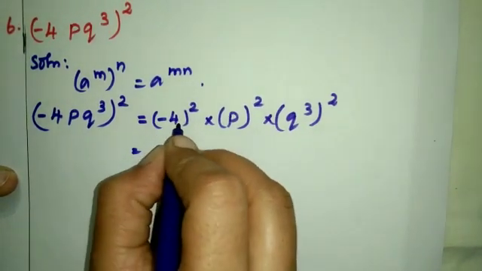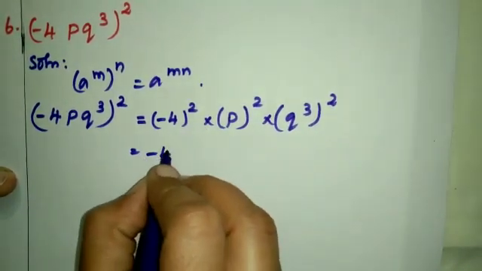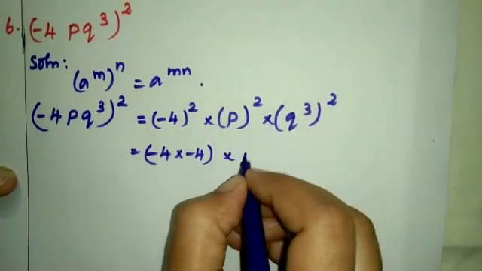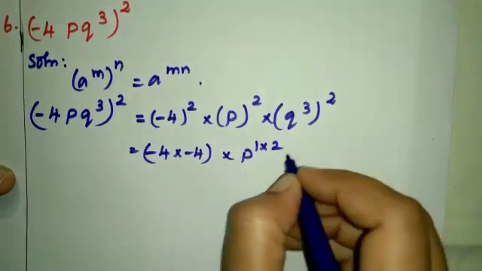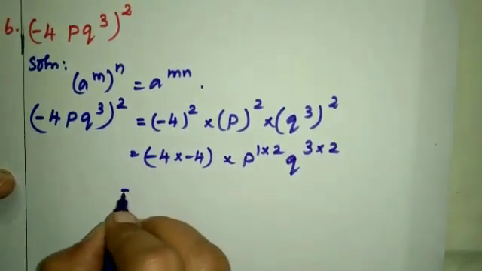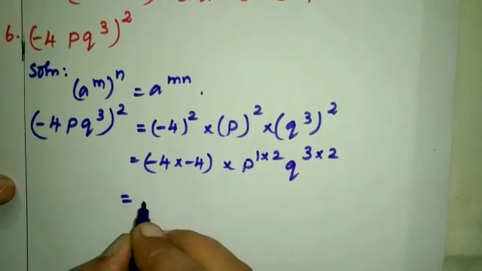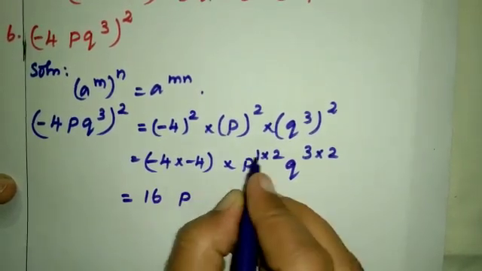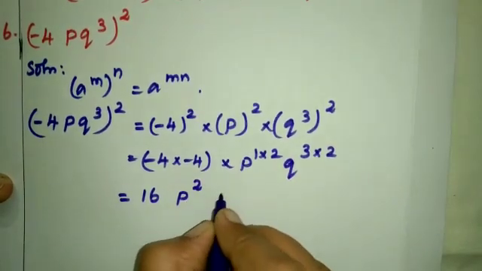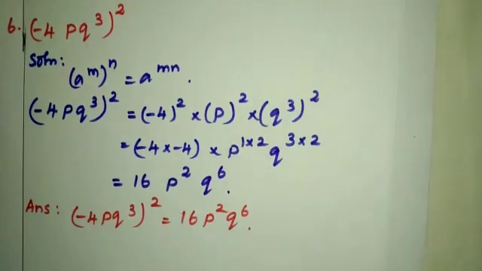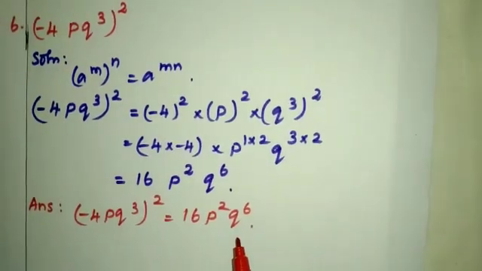What is the meaning of minus 4 the whole square? That is minus 4 into minus 4. Here p power 1 into 2, q power 3 into 2, which is equal to minus into minus plus. 4 4s are 16. P power 1 into 2, 2. Q power 3 into 2, 6. This is the answer for this sum.